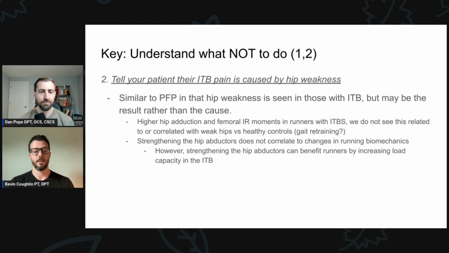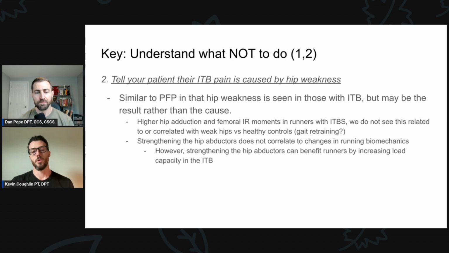So it's not like if you have more femoral internal rotation and hip adduction during running, and then you strengthen your hip external rotators and abductors, that it's going to better align you with running. Maybe at the very extreme that would happen, but we don't tend to see that. Folks undergo a strengthening program and their running mechanics are relatively the same.